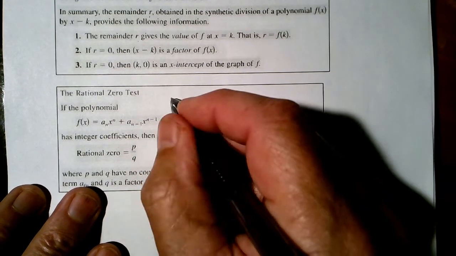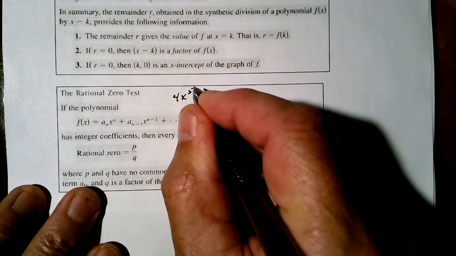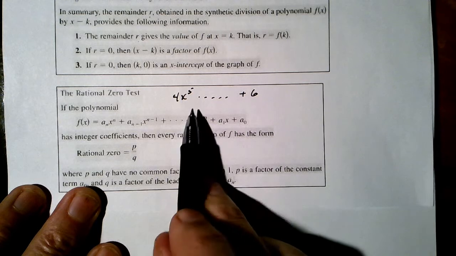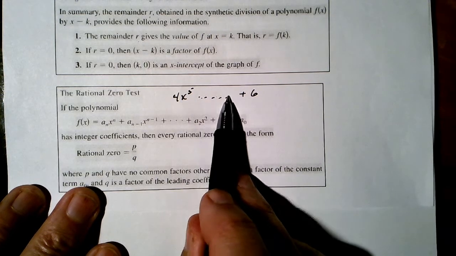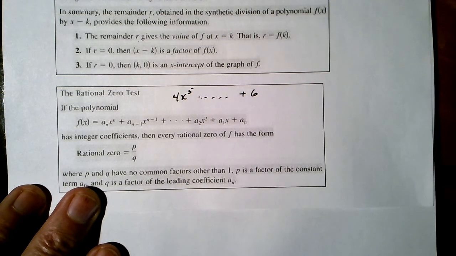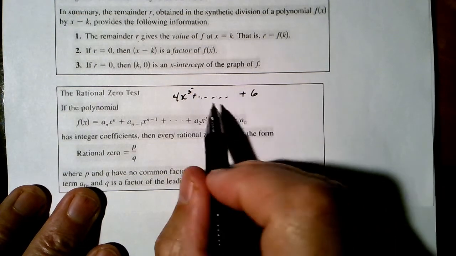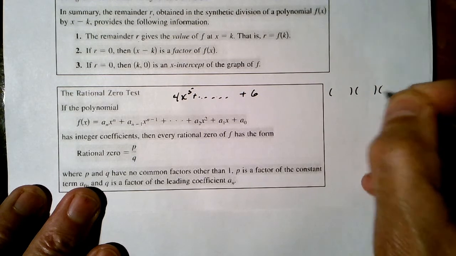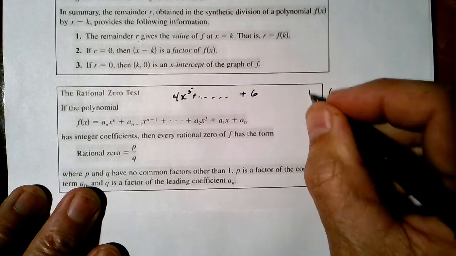So let's say we had 4x to the 5th and then a whole bunch of other things, and eventually we ended up with a plus 6. We've got some missing terms in there. Now, if this was factorable, let's say it was factorable into 5 linear factors.